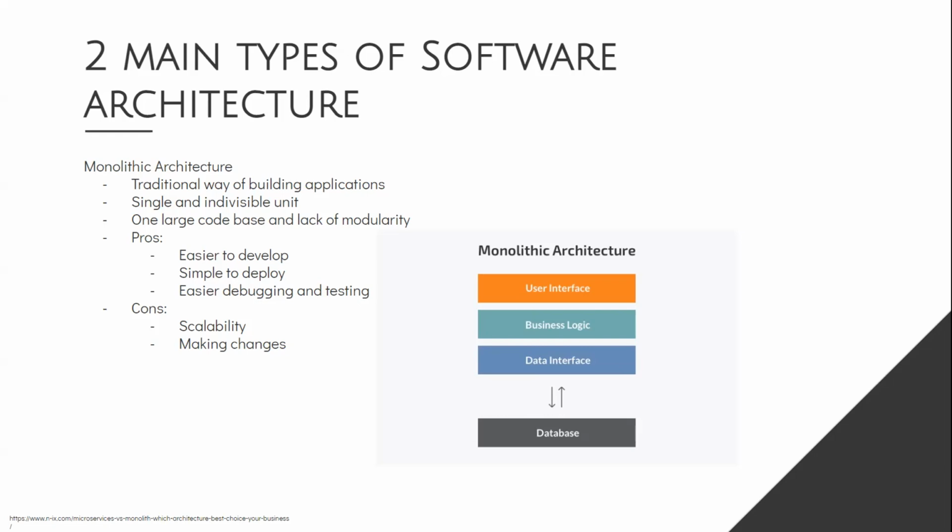For example, let's say we have a software that has some recommendation algorithm and some machine learning in it, where we need a lot of GPU power and have long-running tasks. Everything is running on one hardware here. So just because one part of the software needs a lot more resources, we have to buy bigger servers with more computation power, which might not be used 99% of the time.